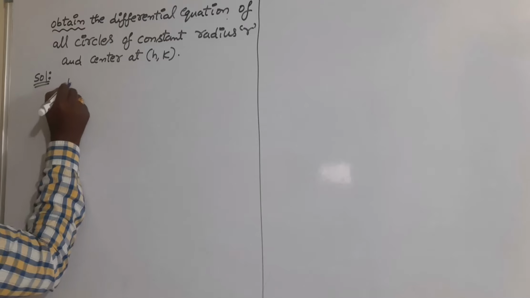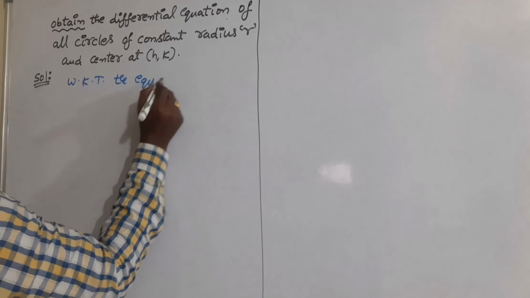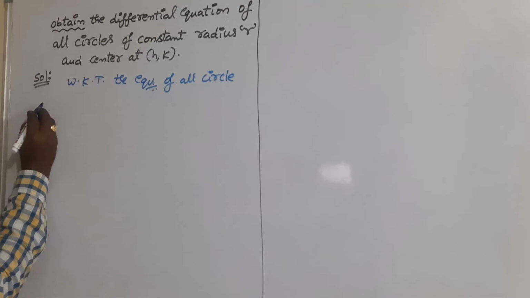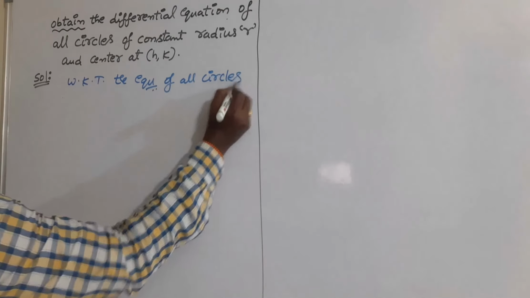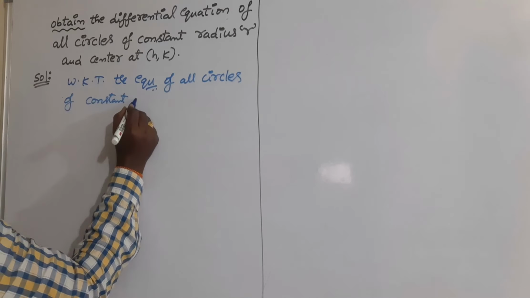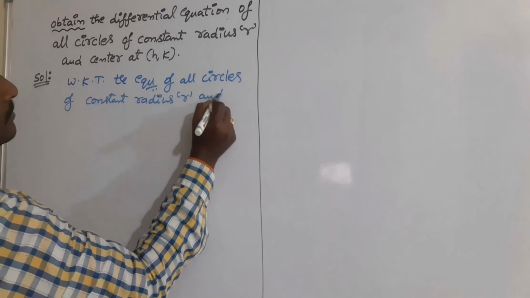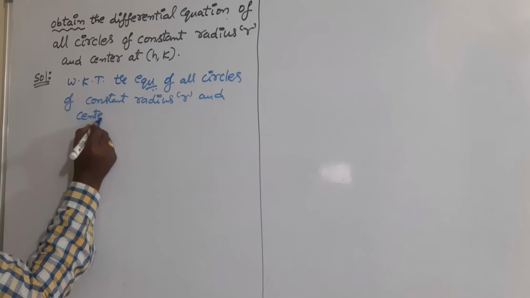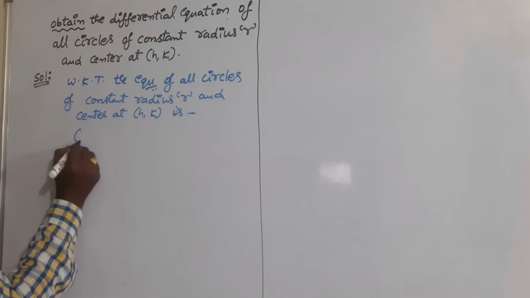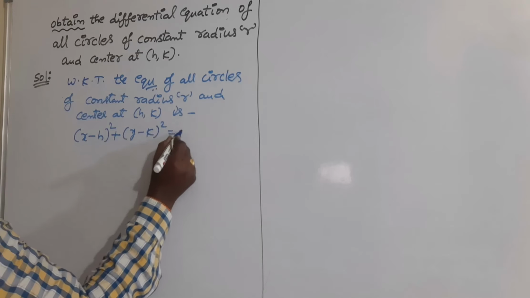Okay, we know that the equation of all circles of constant radius r and center at h comma k is x minus h whole square plus y minus k whole square is equal to r square.